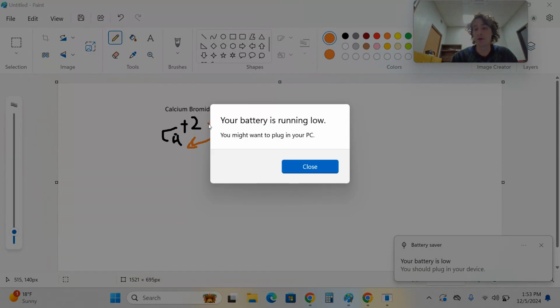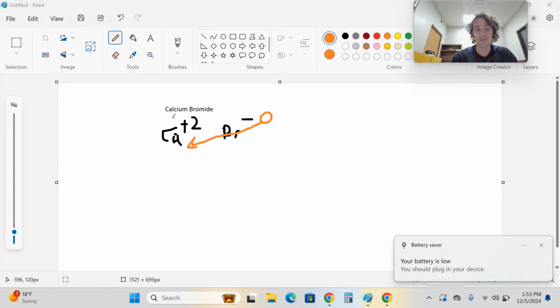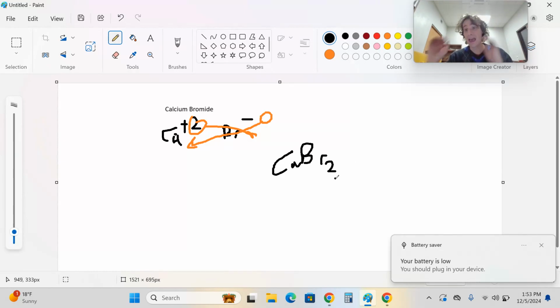So I put that 1 there, the positive 1 there, and then I take this 2 and bring it down. You're probably like, oh my God, it's getting messy. Well, what have I just made? I have Ca with a 1, which we just leave as Ca. And then I have Br, and how many bromides? 2. CaBr2. And that's your answer.